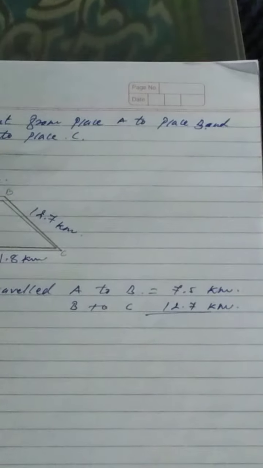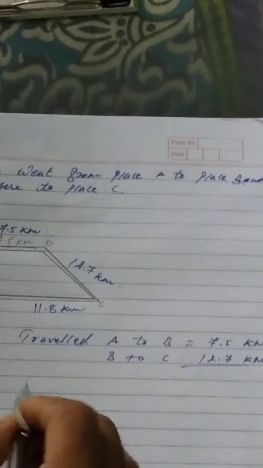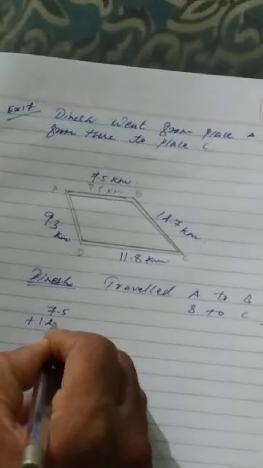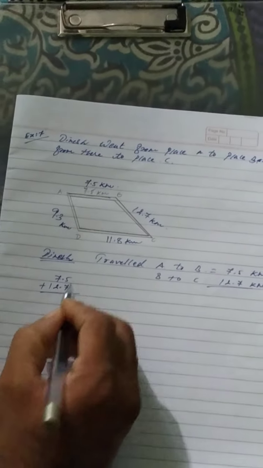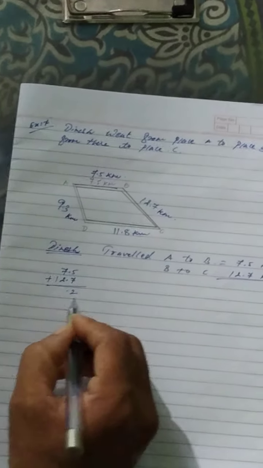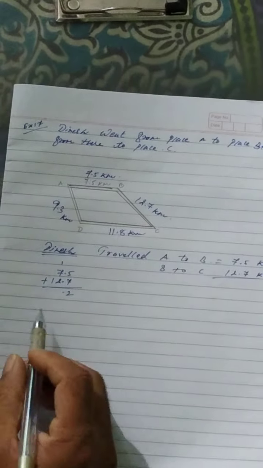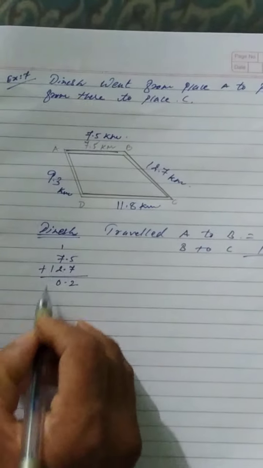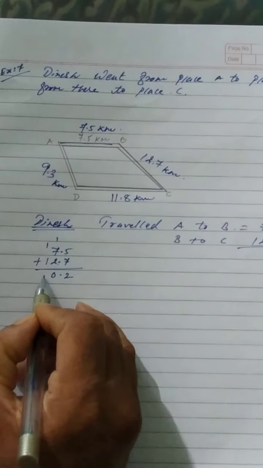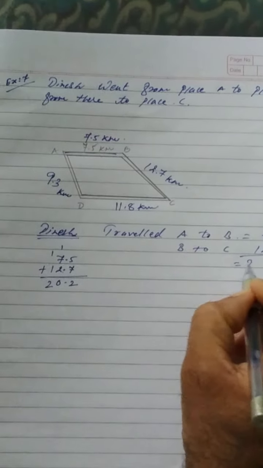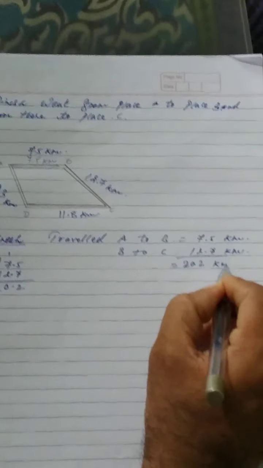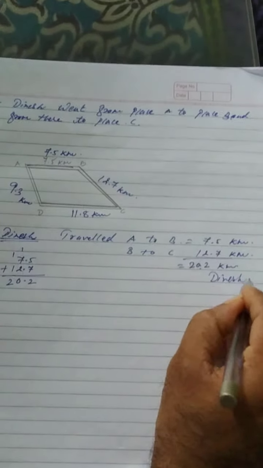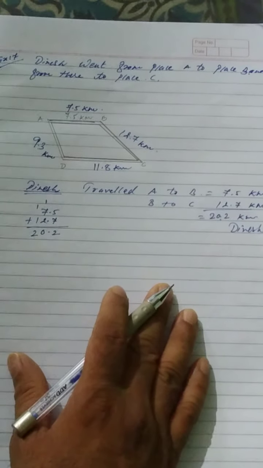Now let's see the addition. 7.5 plus 12.7. 5 plus 7 is 12, so 2 and carry 1. 1 plus 7 is 8. 8 plus 2 is 10, so 0 and carry 1. 1 plus 1 is 2. So 20.2 kilometers traveled by Dinesh. Got it?